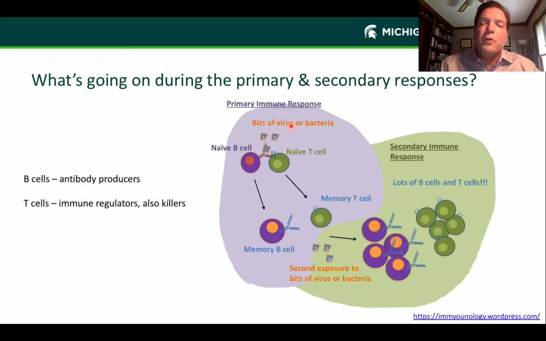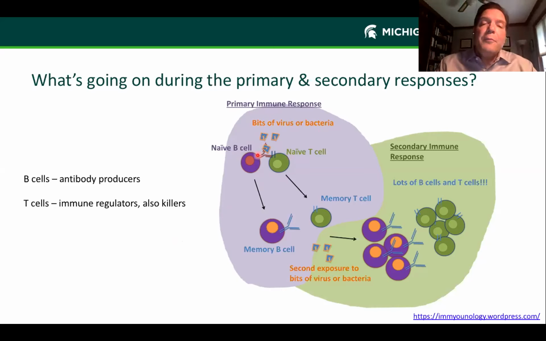So what happens in the primary immune response? We think of the antigen in this case as bits of a virus or a bacterium. We haven't talked anything about bacteria, but of course there are a lot of pathogens that are not viruses but are bacteria, a lot more complex cells. Let's focus on viruses. So bits of viruses are recognized in the primary immune response, and these could be from the natural infection or they could be from a vaccine.